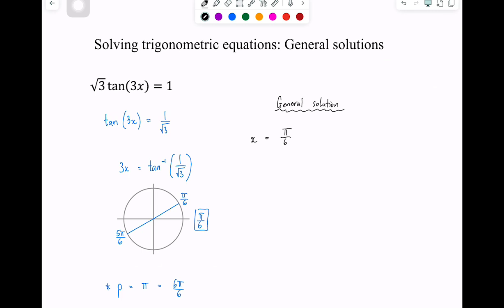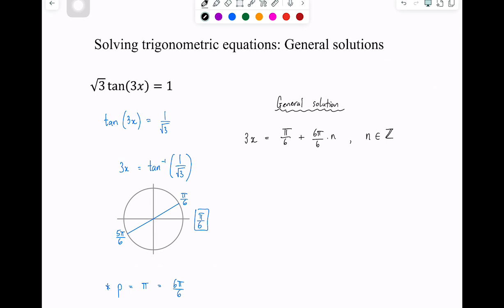So let's pick our easiest one, which is pi on 6. We're going to add the period on, which is 6 pi on 6. And we can add that on a certain amount of times. Now this x here is actually 3x. n is an integer.